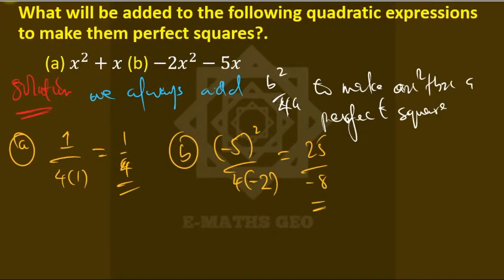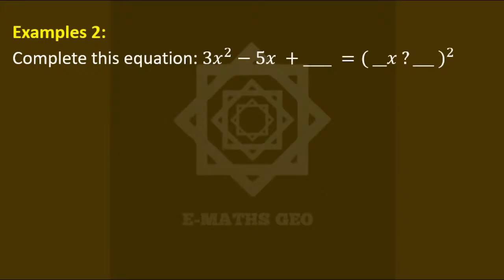Now, look at this. They say complete this expression. As you can see, it's the same thing that we did now. What will be added to this, with b being minus 5 and 4 times a being 4 times 3, to make it a perfect square?